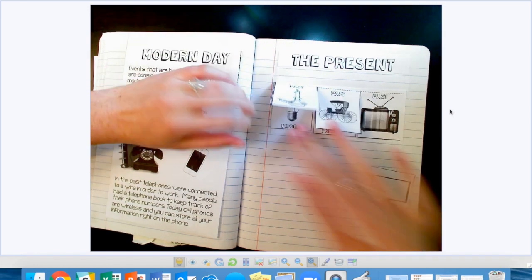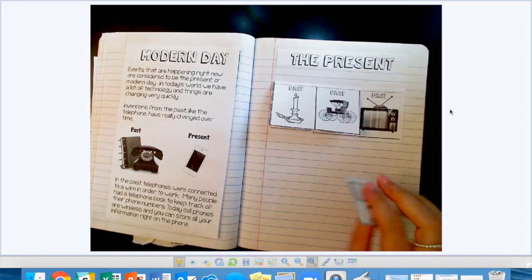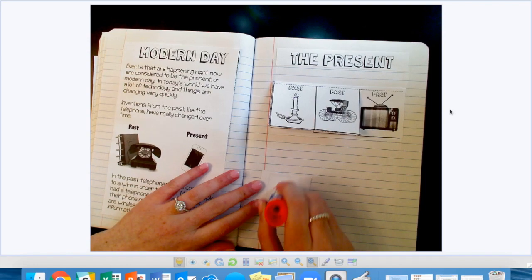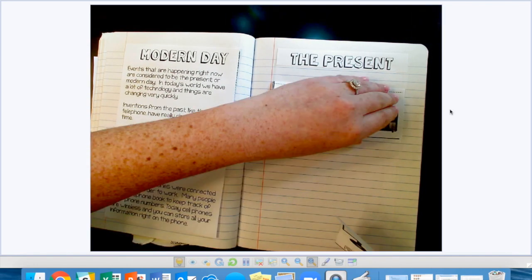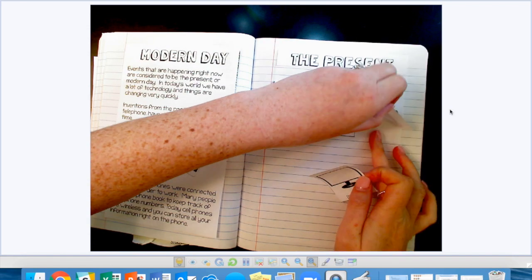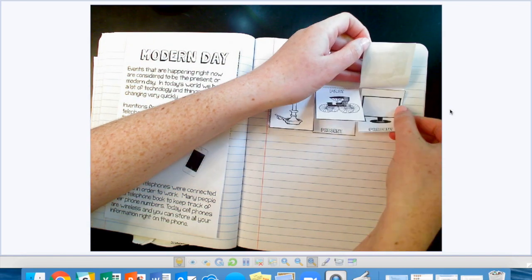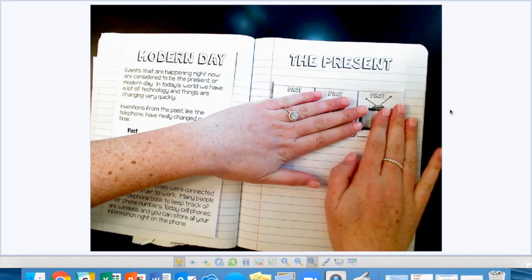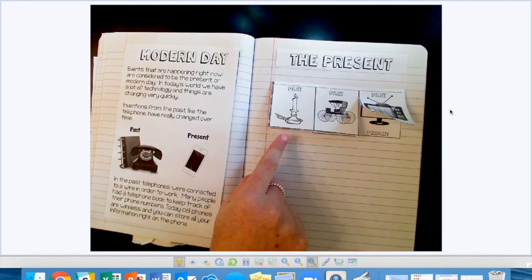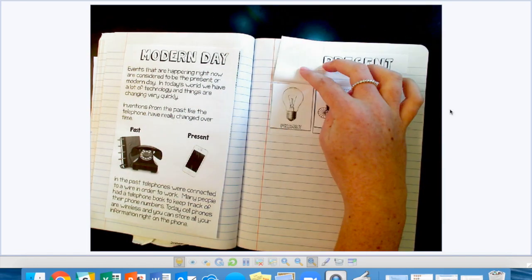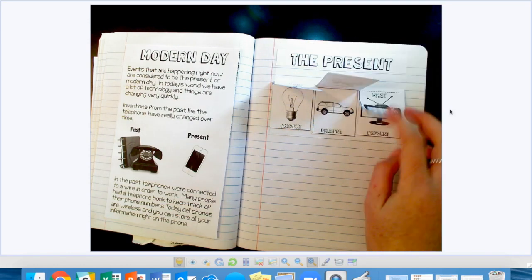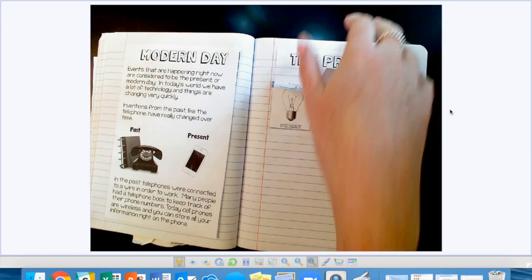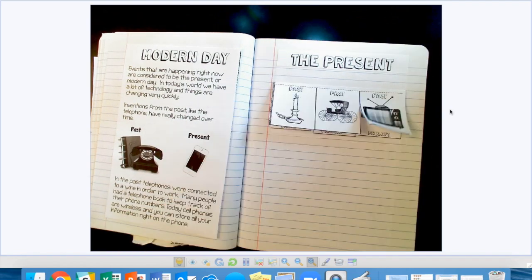So I'm going to glue that underneath here. And here is a modern day TV in the present. Now you've made your flip book. Past, present, past, present, past, present.